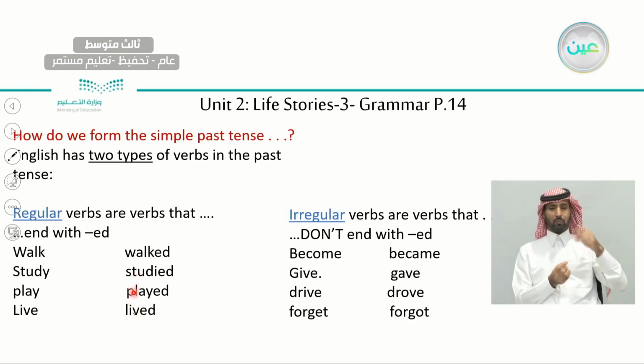Notice here, boys and girls, notice. Here we have 2 verbs that end with y. Right? One of them we removed the y, and the other one here we didn't remove the y. Pay attention when you change the verb from the present to the past. Why did we remove the y here? Because before the y we have d. D is a regular letter.